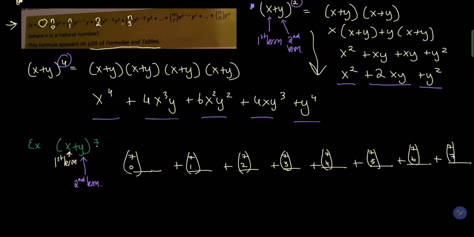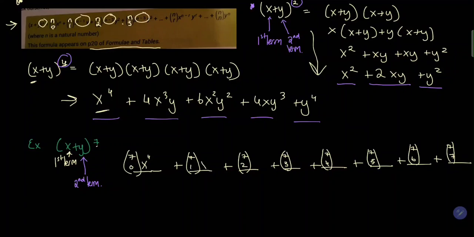Now, it's the first term. So see how here in this example, x is to the power of 4, and the first term is x to the power of 4. So you're going to take the first term, which is x in this example, and it's to the power of n, and it works all the way down, n minus 1, n minus 2, n minus 3, and so on.